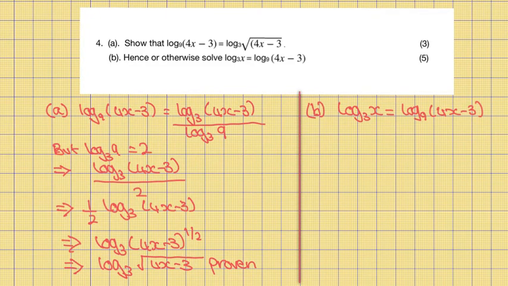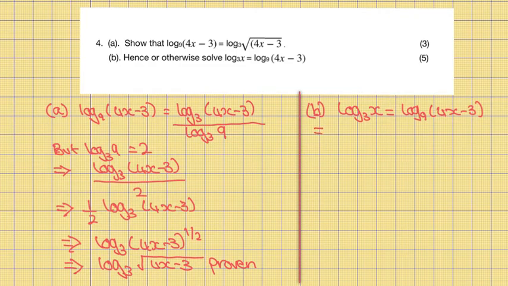Part B, solve log 3x is equal to log 9 of 4x minus 3. We already know that log base 9 of 4x minus 3 is equal to log base 3 of the square root of 4x minus 3.